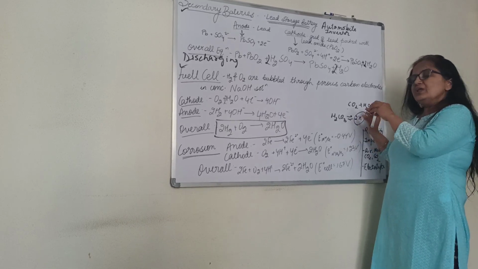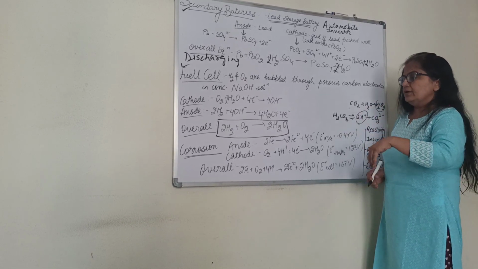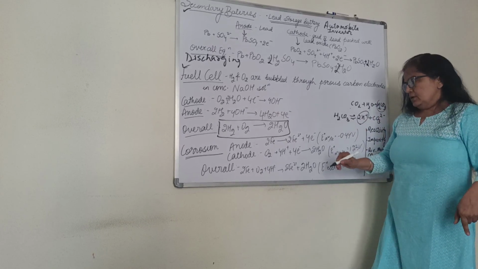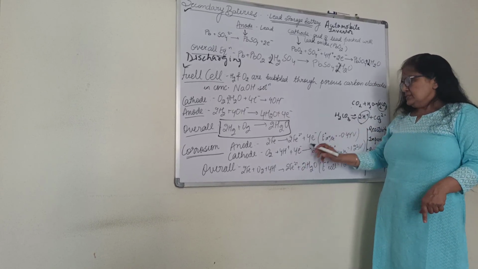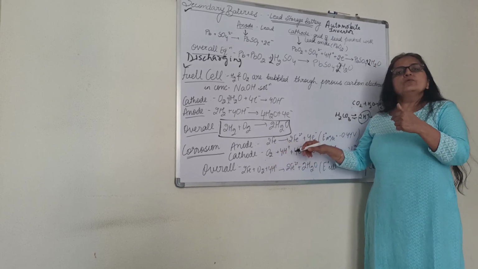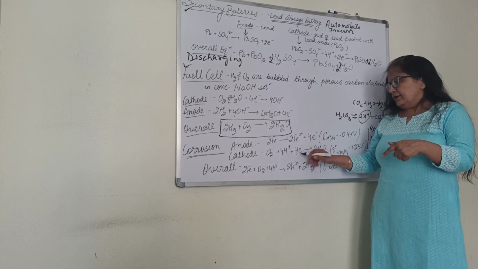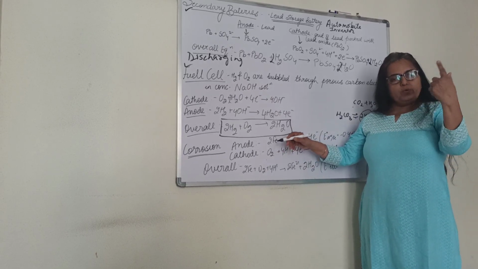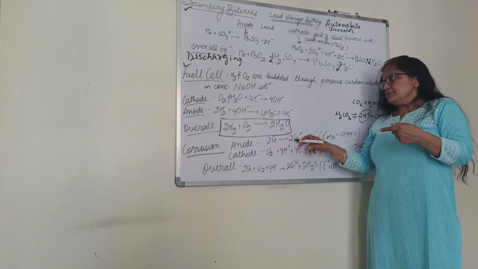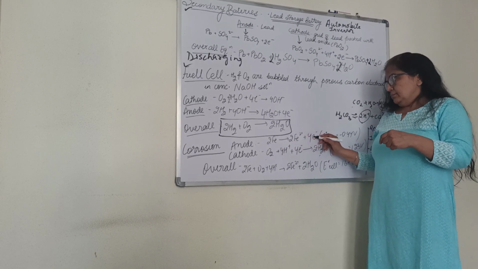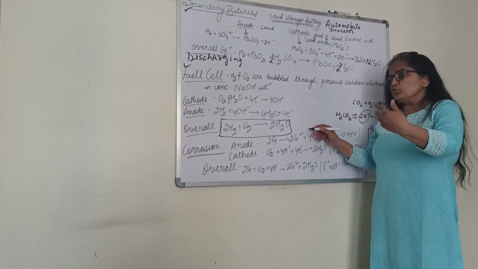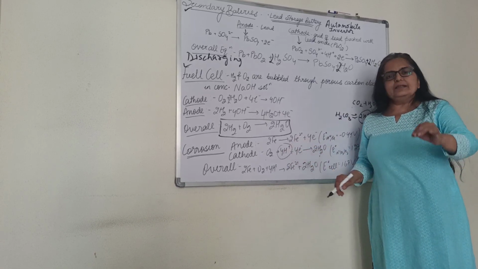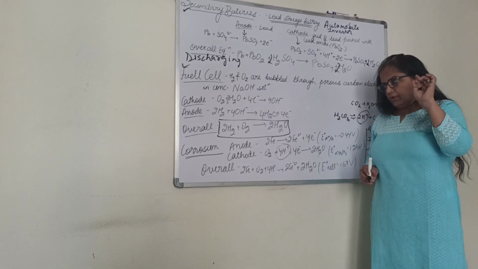This H plus will help oxygen in undergoing reduction, that is air oxygen will undergo reduction and form water. The metal itself is undergoing oxidation, that is iron is undergoing oxidation forming ferrous ion, Fe2 plus.